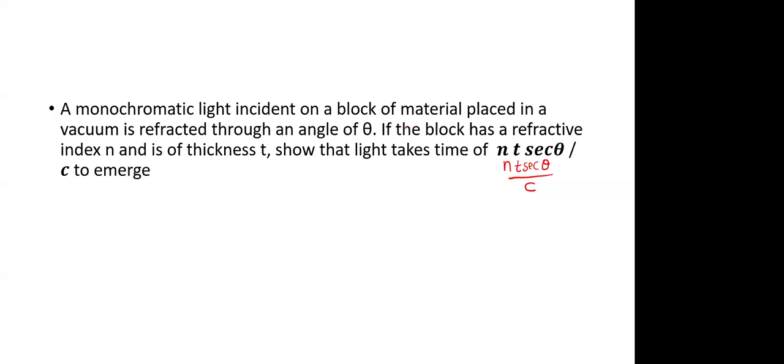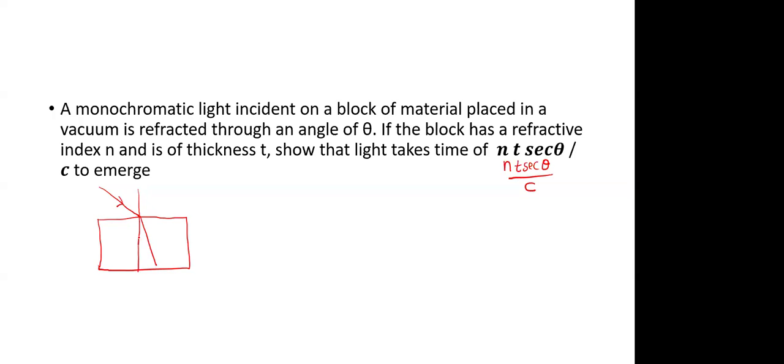It's incident onto a block of material placed in a vacuum. Now, this is vacuum, we said it is like the air. So this is our block of material that is in air. And we have light that is incident. This is our source of light that is incident onto that block, meaning that when it comes here, this light will enter into the glass. It is refracted through an angle theta.